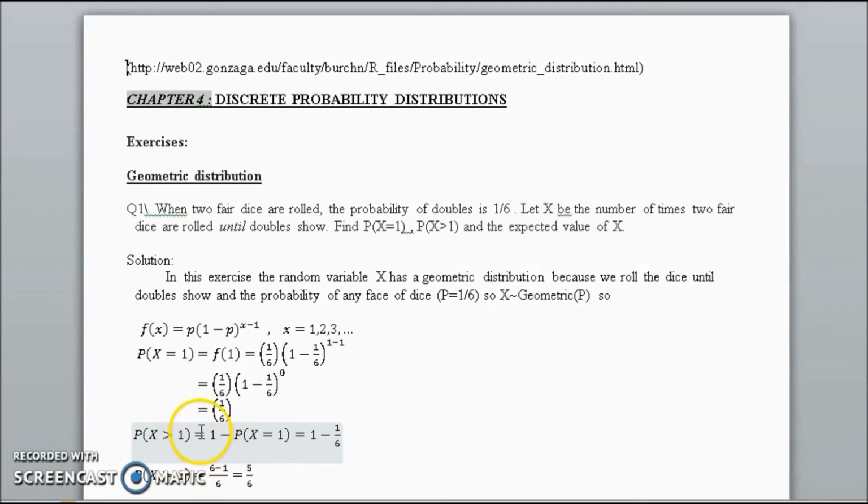Then the probability of X greater than 1 equals 1 minus 1 over 6, because the probability of X equal to 1 is 1 over 6. So it equals 5 over 6.